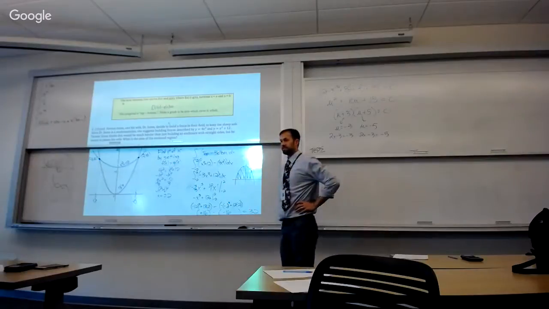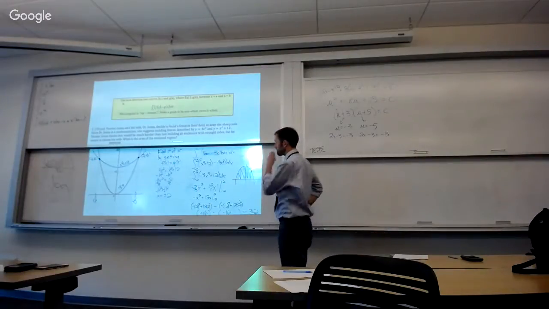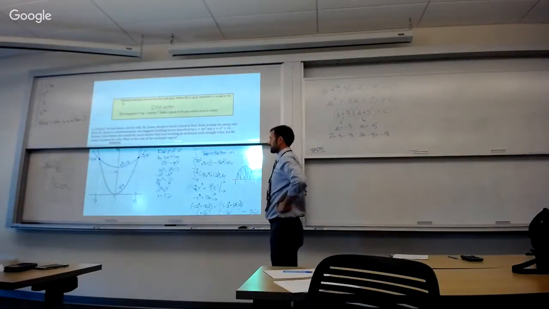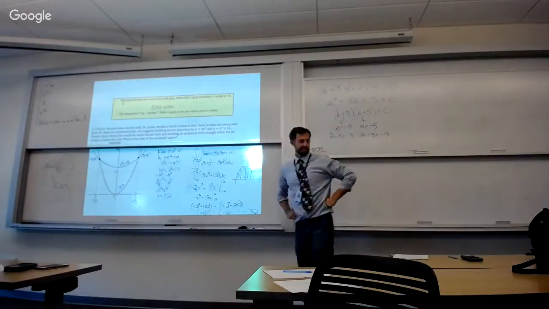Did anyone else get 32? Okay. And they didn't give us any units at all. So the area, that could be 32 square meters, it could be 32 square feet, 32 acres, 32 square miles, nobody knows.